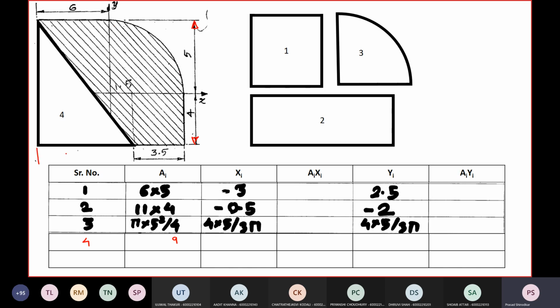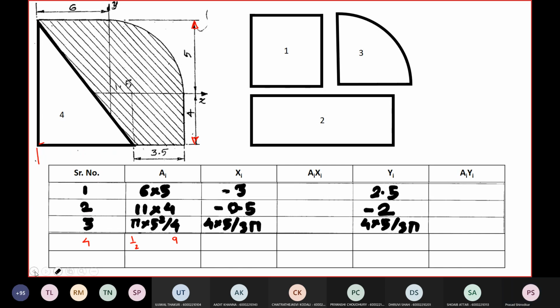So this will be how much? 6 plus 5 minus 3.5, that is equal to 7.5. So this will be half. Base is 7.5.